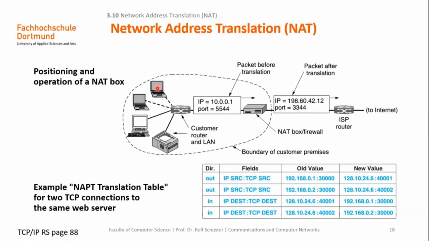When this client establishes a communication with a server in the internet, it uses typically an ephemeral port like this one. And when the datagram goes out to the internet, this source address and this source port will be translated to this source address and this source port.